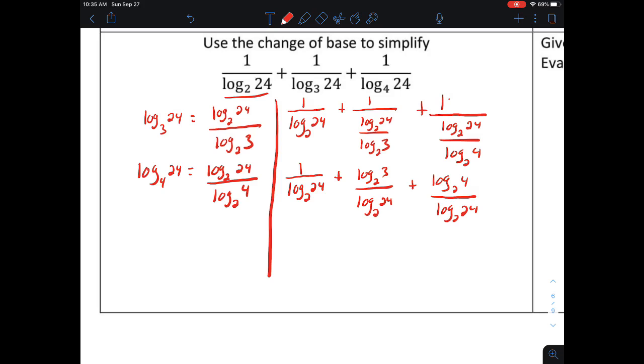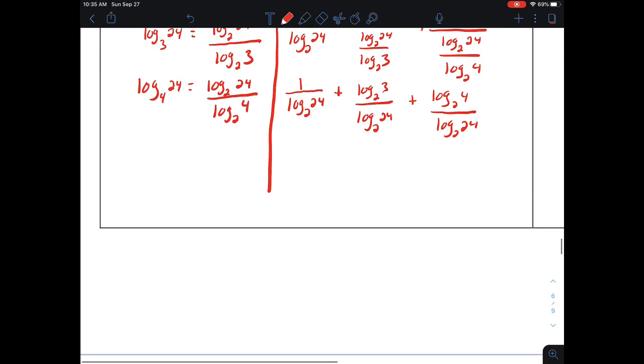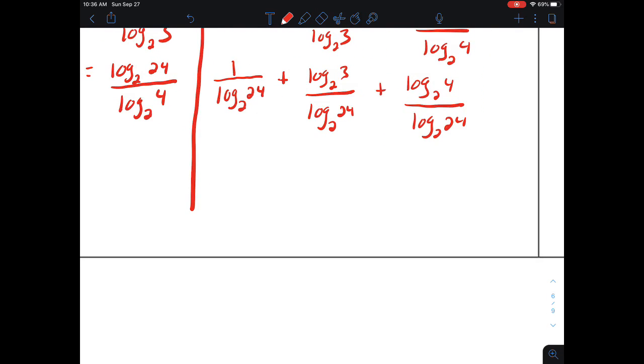Okay, well, now we can put all these things together and write this as one fraction. So we'd have 1 plus log base 2 of 3 plus log base 2 of 4 over log base 2 of 24. Now you might be wondering, well, how is this going to simplify? How is this going to help me out for this problem?